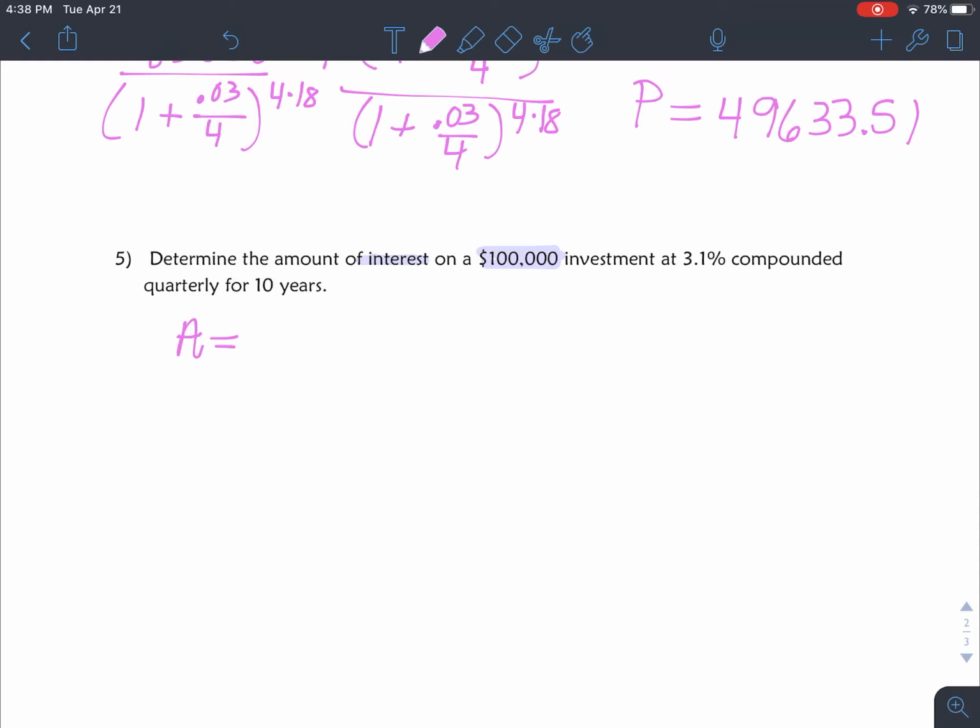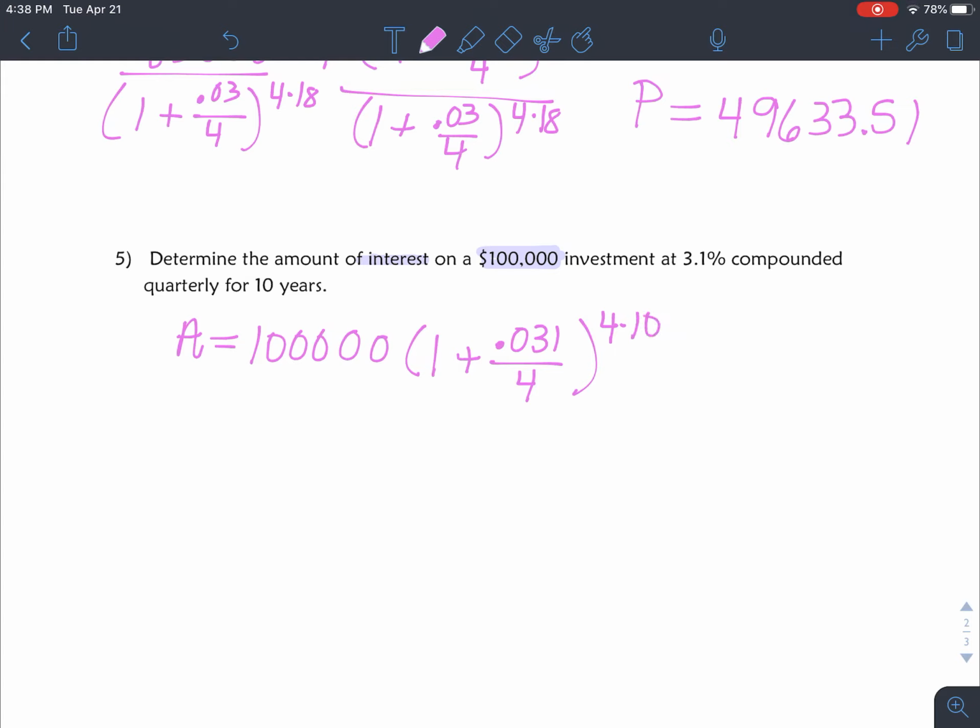So my A equals, I deposited $100,000. That's not 100,000. I'm missing a zero. Times 1 plus 0.031 divided by, I'm compounding quarterly, raised to the 4 times 10.